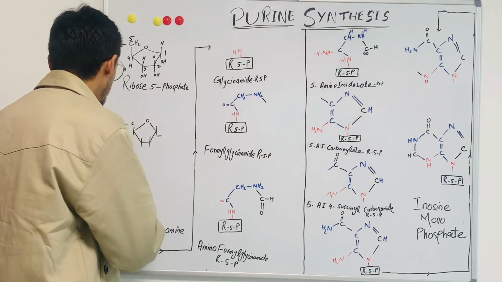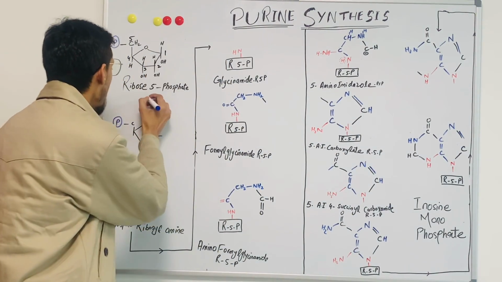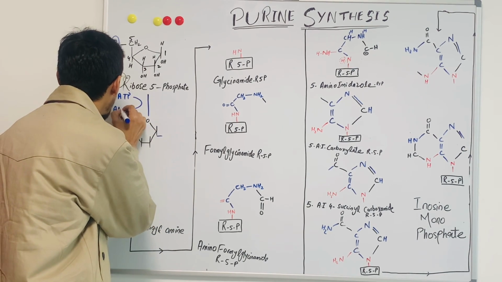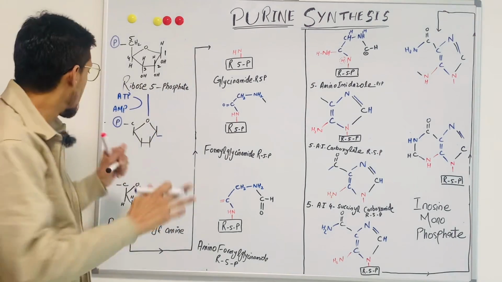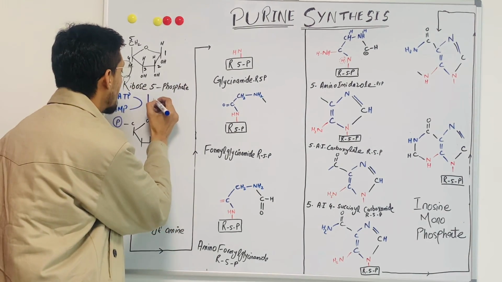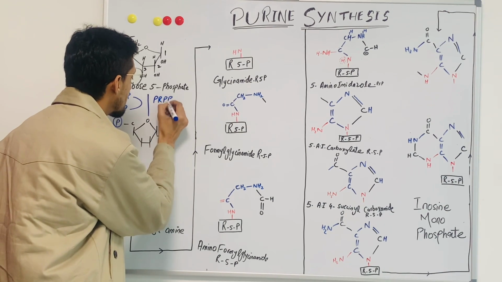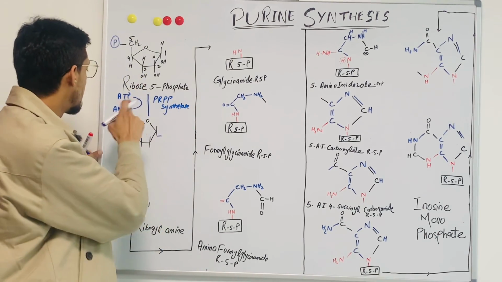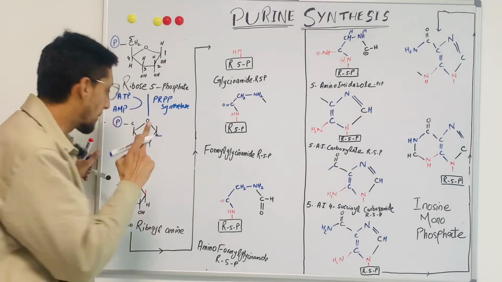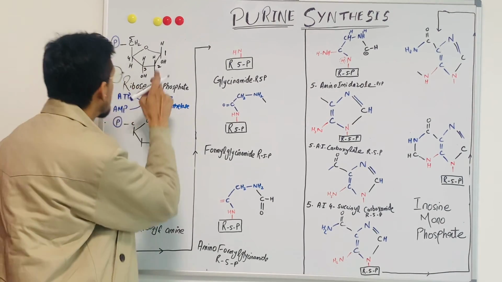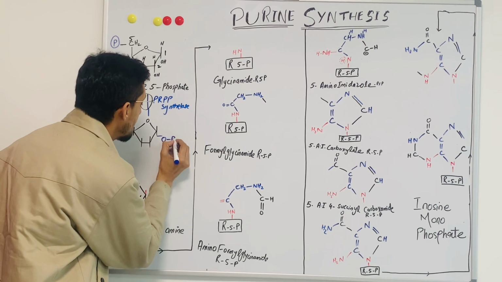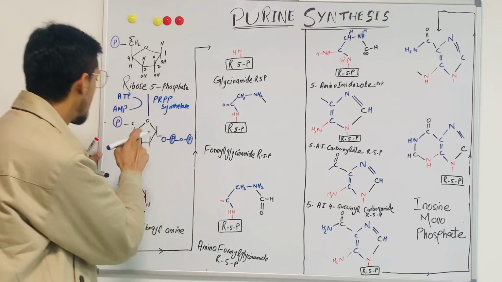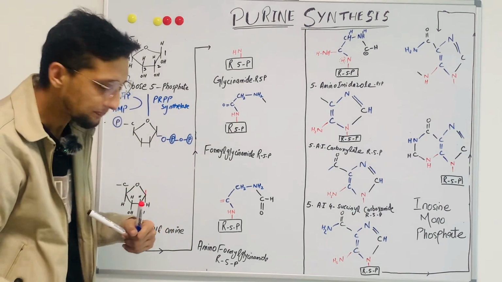So what happens first? This compound reacts with ATP in a way that ATP gives us AMP, giving 2 phosphates, right? And this reaction is catalyzed by an enzyme, PRPP synthetase. The 2 phosphates get attached to carbon number 1, and these 2 phosphates came from ATP.